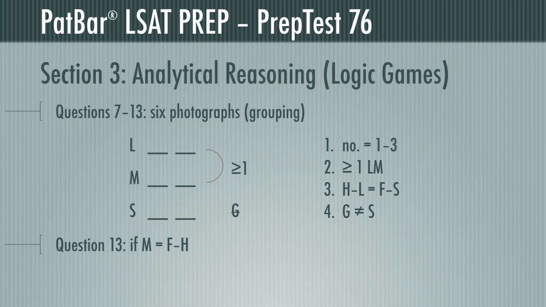Question 13 is the final question for this problem and asks for what could be true if Metro comprises Fuentes and Hui. For this question, we're going to act as if we are on the timer. What is the first thing we see? Gomez cannot be in sports and therefore must be in lifestyle, and either Fuentes or Hui must take the other slot.